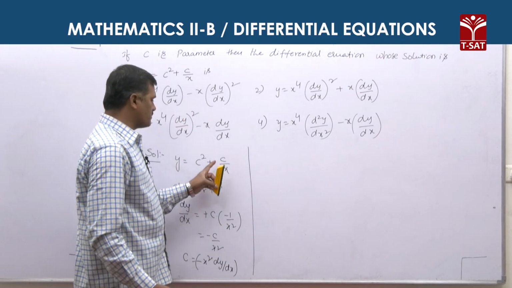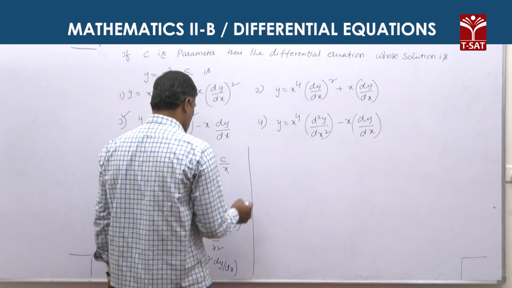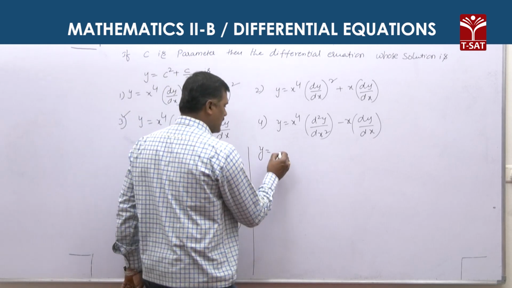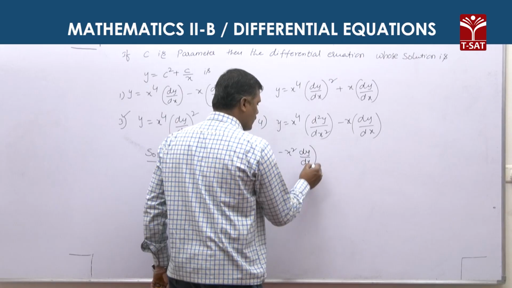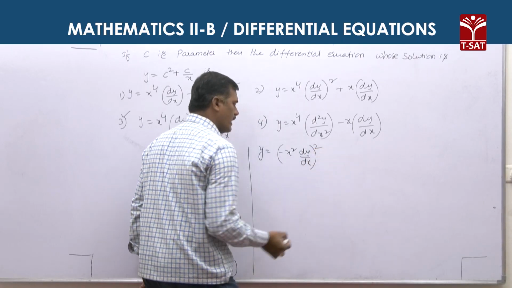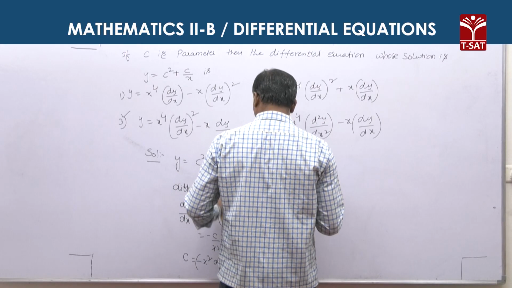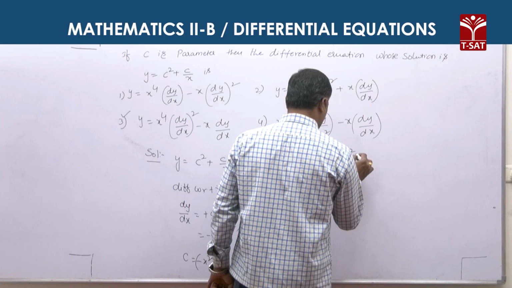Now eliminating the parameter c, substitute the c value in the above equation. y is equal to c square plus c by x, where c is minus x square into dy by dx.